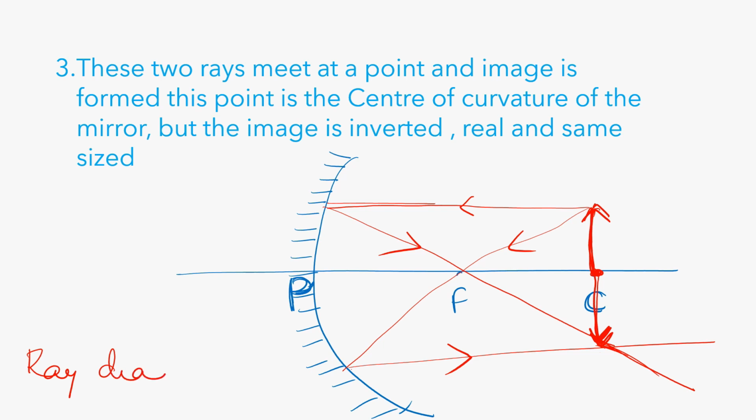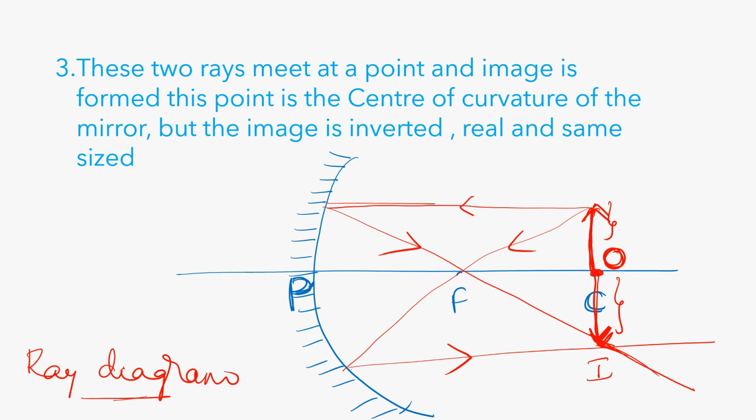We are taking the concave mirror, here this is the principal axis, object and image. Same place, image place, object place, same.